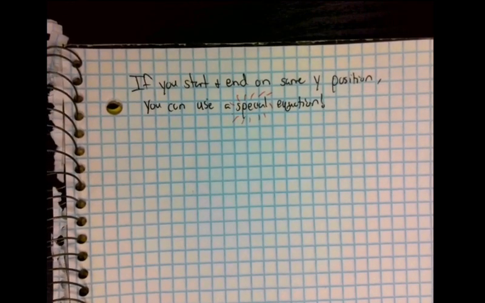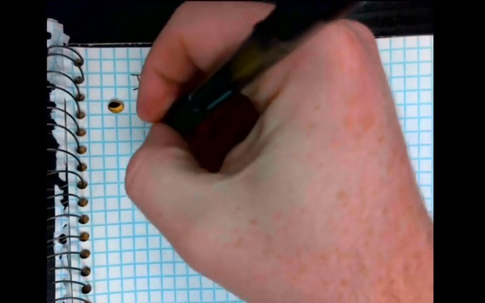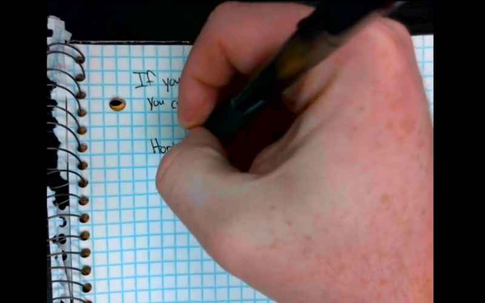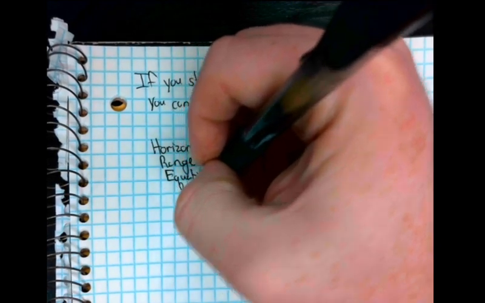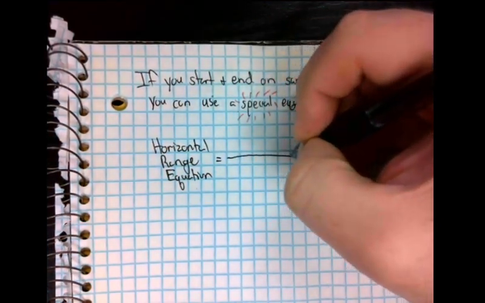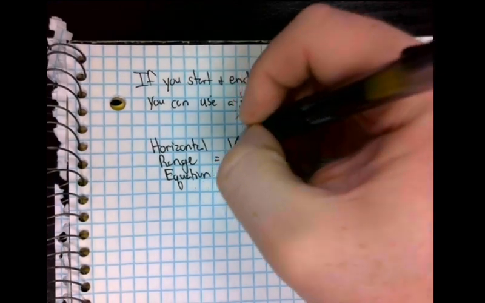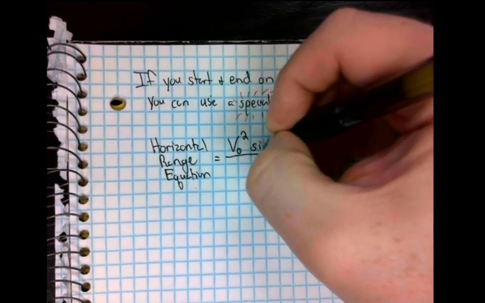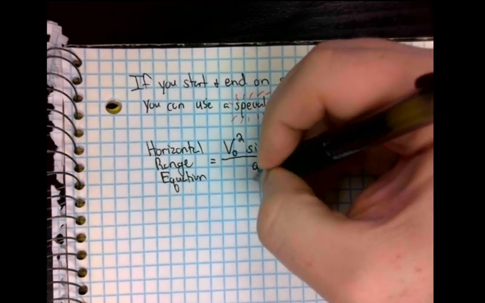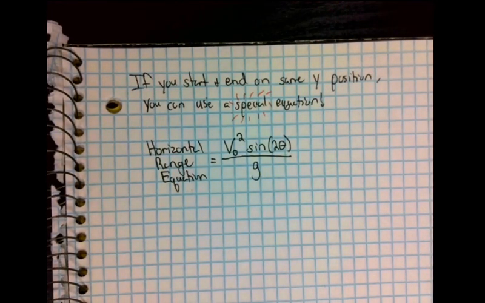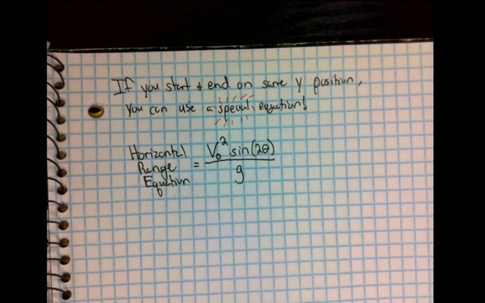So the special equation is called the horizontal range equation, and it looks like this. Now there is a whole process that you can do that solves this and explains where all of these numbers come from.